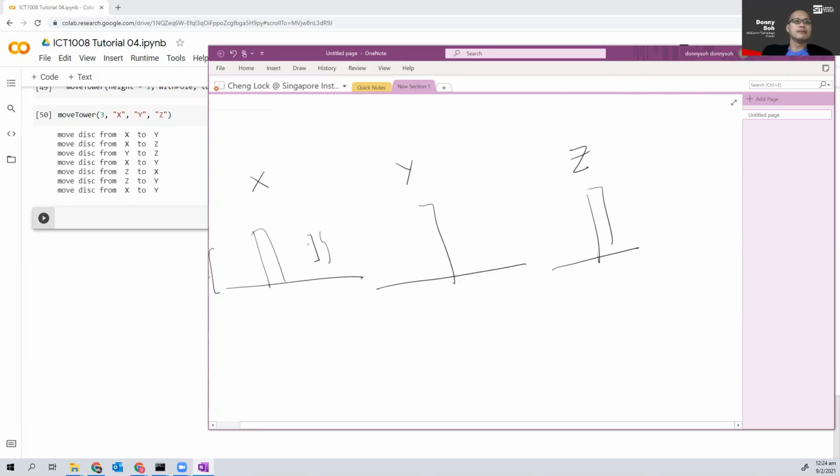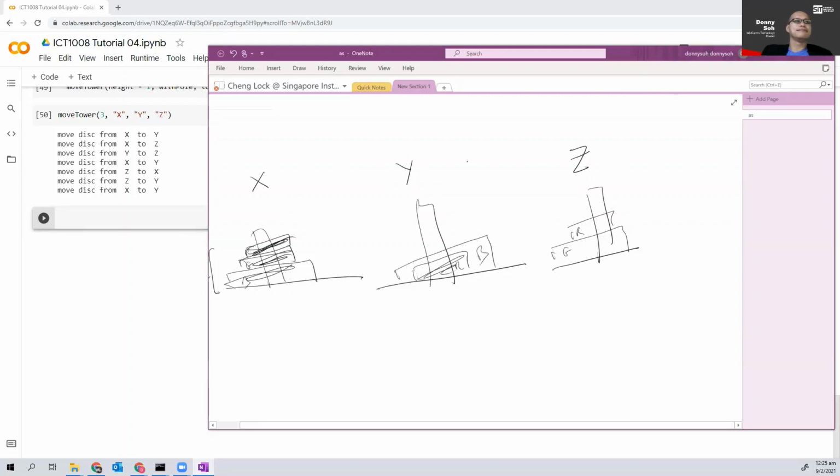So firstly, I have 3 blocks, so 3 disks. Let's call it R, G, B. The first R, I shift from X to Y. And then I shift from X to Z. So G will be gone, this will be G. After that, I shift from Y to Z. R. After that, I shift from X to Y, this will be gone.